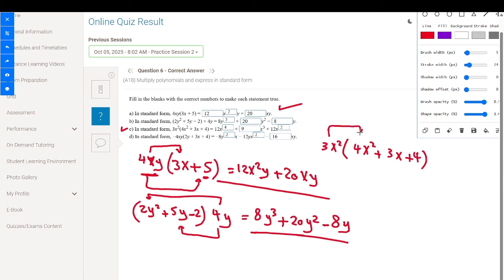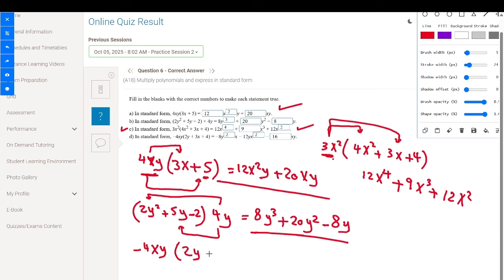So the same thing, 3x squared multiplied by 4x squared will be 12x power 4, plus 3x squared multiplied by 3x will be 9x power 3, and 3x squared multiplied by 4 will be 12x squared. Okay?